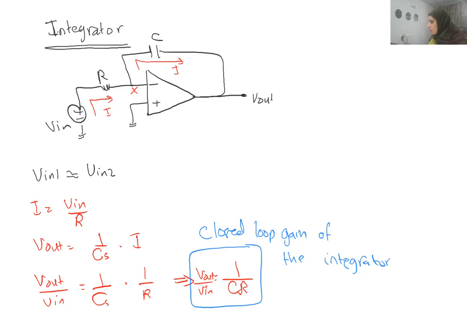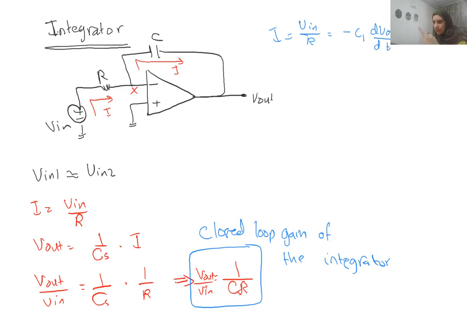Now, if we want to look at it from a time domain point of view, rather than using the Laplace 1 over Cs, we have Vn over R, which is the current, equal to minus C times dVout over dt. So the current through a capacitor is equal to C multiplied by the derivative of the voltage across that capacitor, as you remember from before.